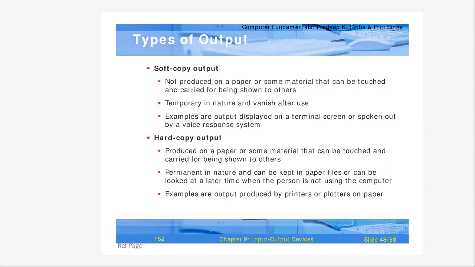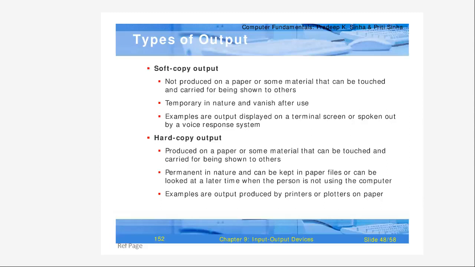Because we never print that content on the paper. पेपर फॉर्म में उसको नहीं देखते हैं, फाइलिंग भी नहीं कर पाते हैं, and does not carry very easily. कंप्यूटर सिस्टम को वो मटेरियल दिखाने के लिए आपको क्या करना पड़ेगा? आपका कंप्यूटर सिस्टम आपको लेके जाना पड़ेगा, घूमना पड़ेगा. Is it possible? That is difficult, to move the device to show the document to the user. है कि नहीं? That's why it is called as temporary in nature.